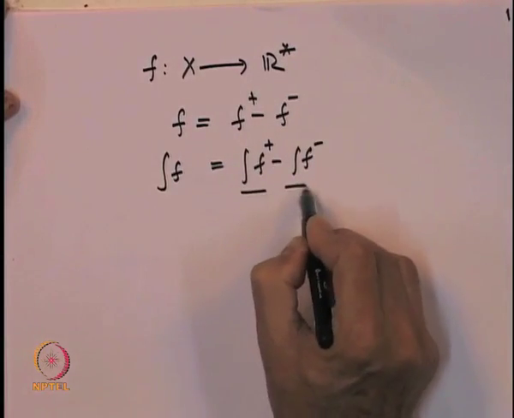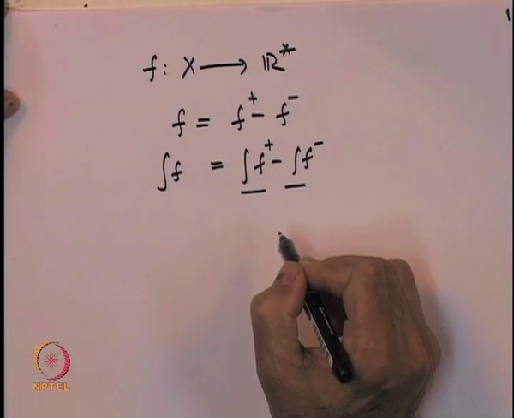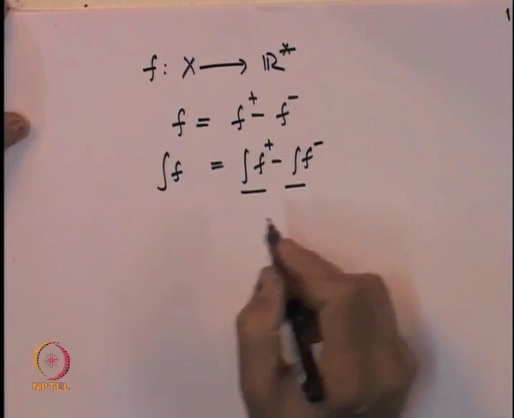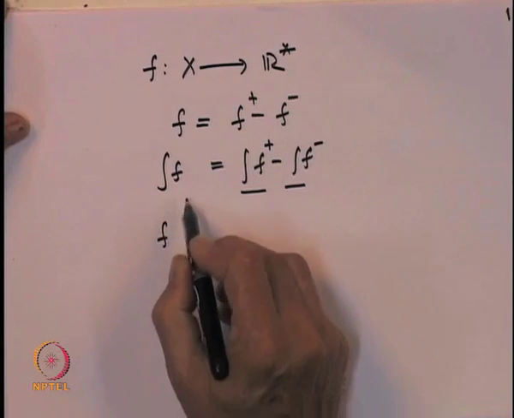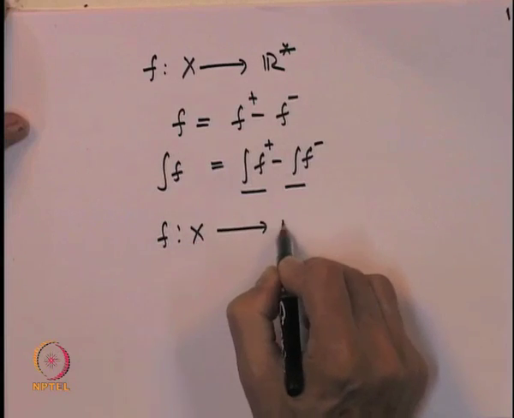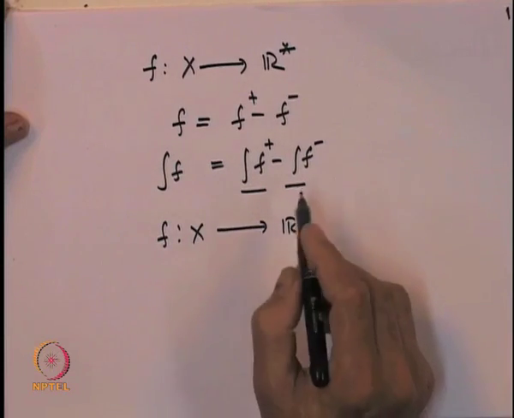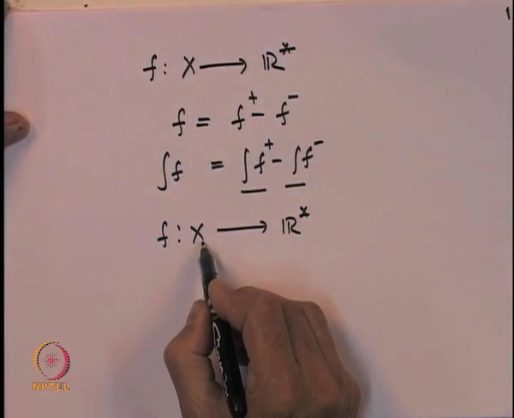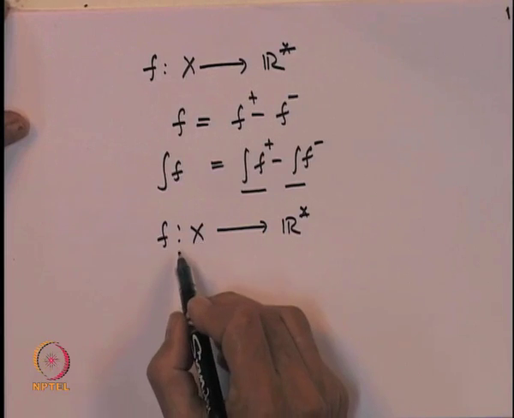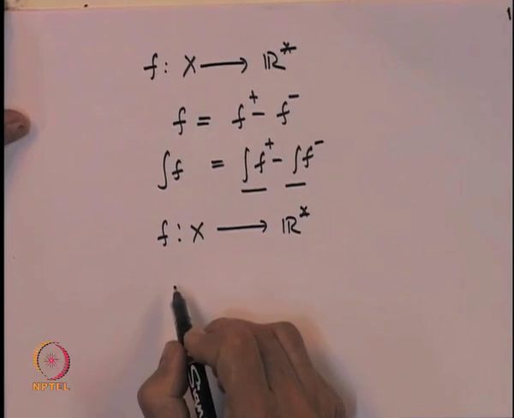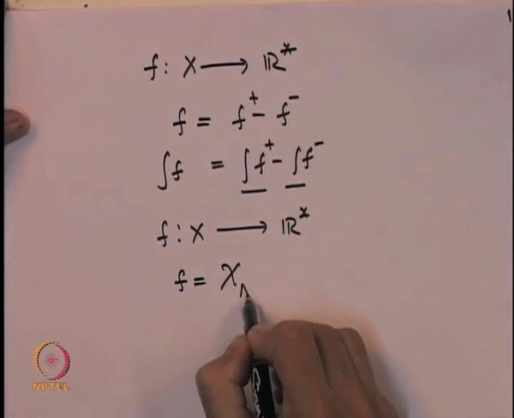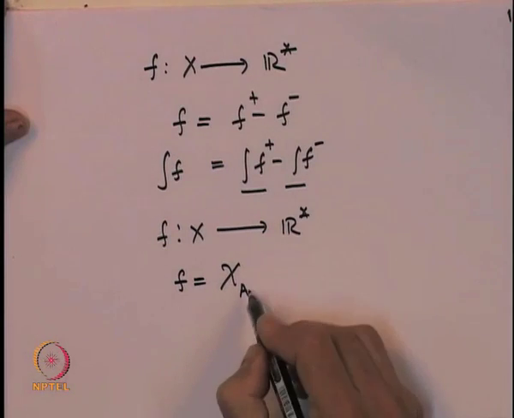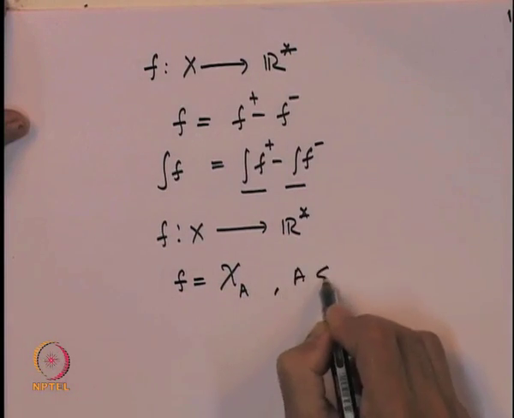So, it is enough to define the notion of integral for non-negative functions, for non-negative functions f on x to r star. We will look at functions which are first of all very simple functions. For example, let us look at a function f which is the indicator function of a set A contained in x.